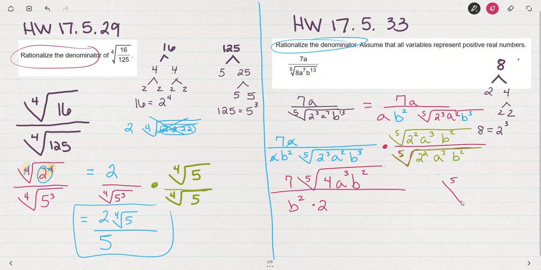Let me write this off to the side just to make sure everyone sees this. We have 2 cubed times 2 squared, so all together that's a group of 5, so that's why we can remove a group of 2's. And then we have a squared, a cubed, all together that adds up to 5, so we can remove one group of a's.